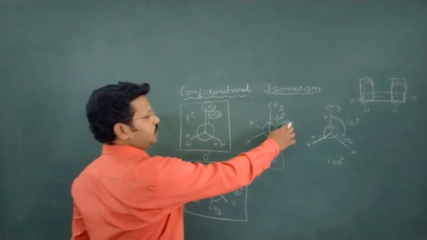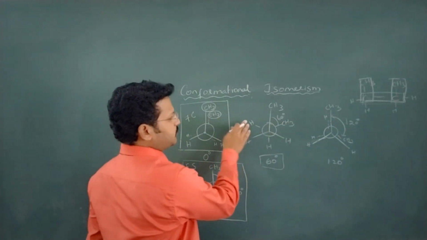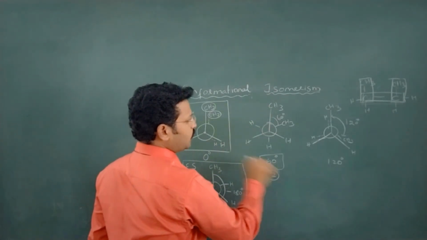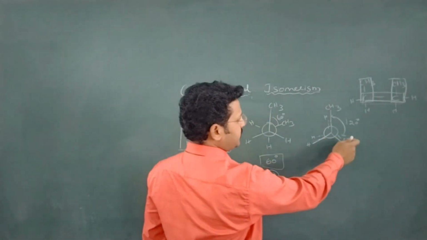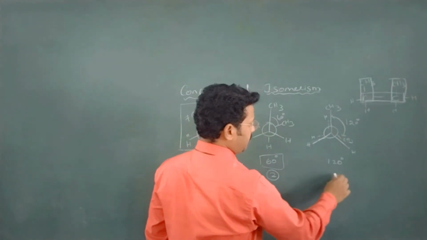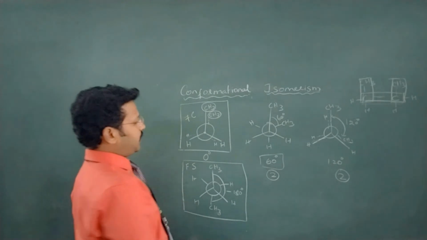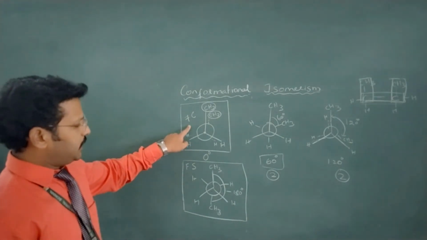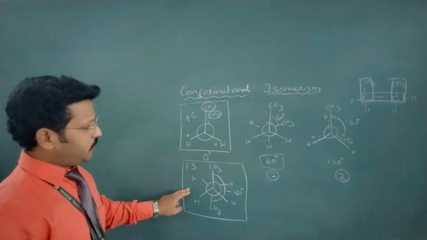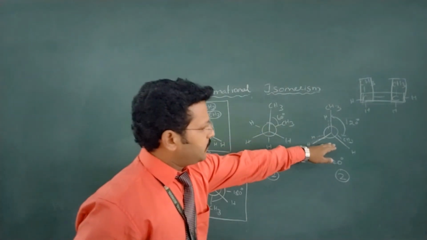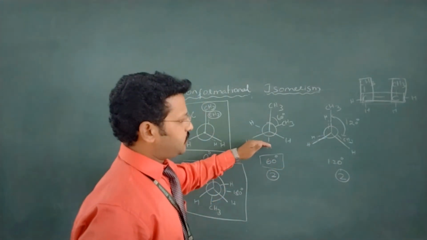On the other hand, when this CH3 comes to this position, we have 2 conformers, and when this CH3 comes to this position, we have another 2 conformers. So the total conformations are: one fully eclipsed, one fully staggered, 2 partially eclipsed, and 2 partially staggered.